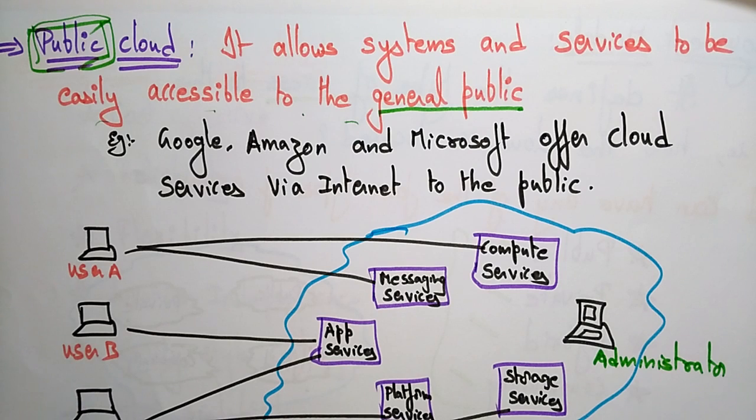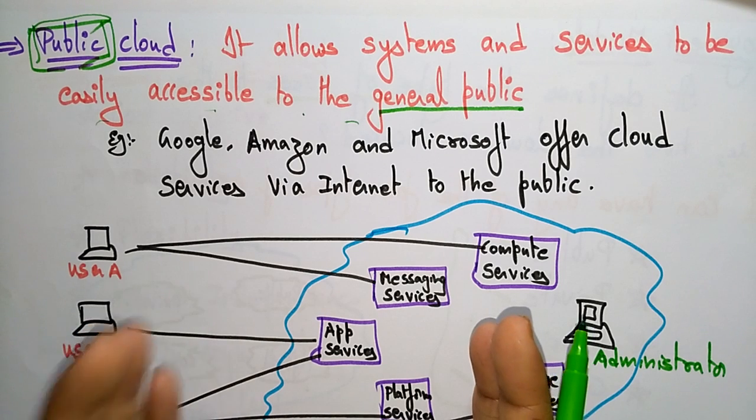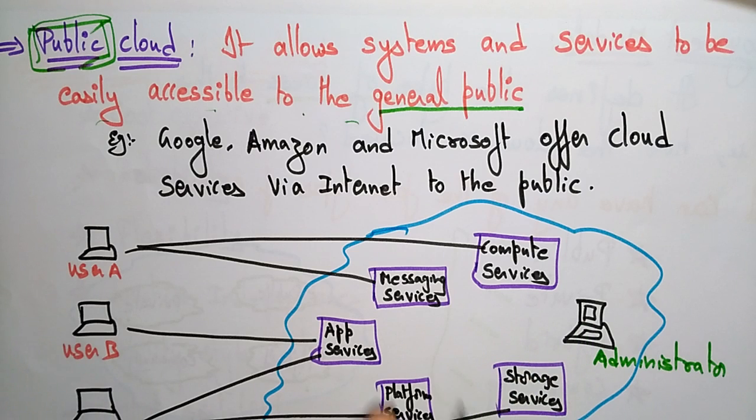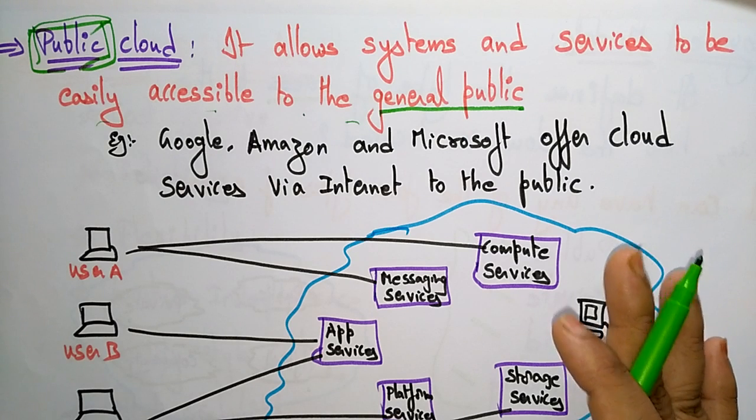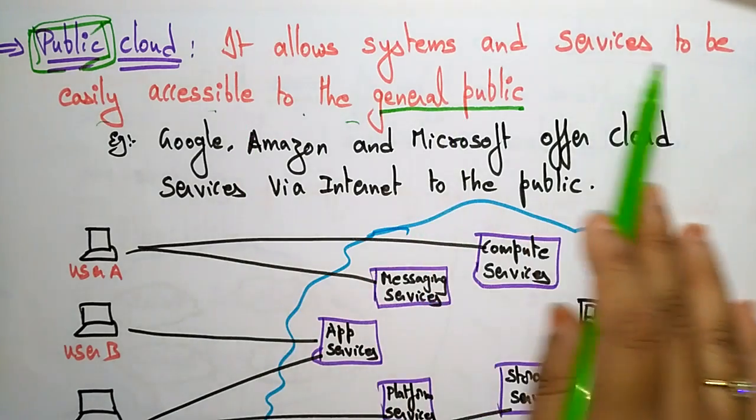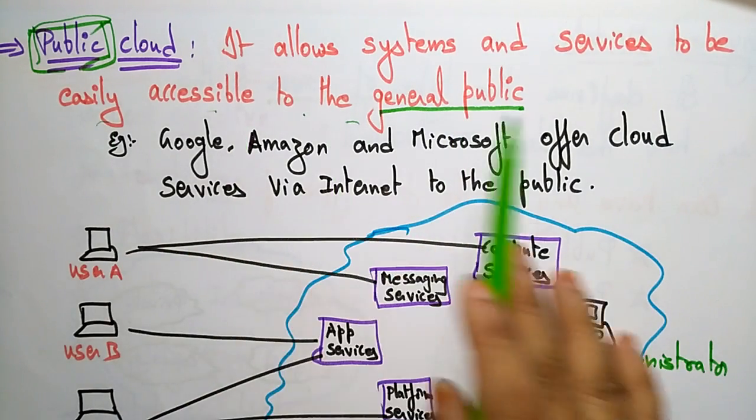Some information will be placed on the public cloud. Different IT organizations place the information they want to show to the public, the services they provide to the public, on the public cloud so that anyone can access it. So it allows the systems and services to be easily accessible to the general public.